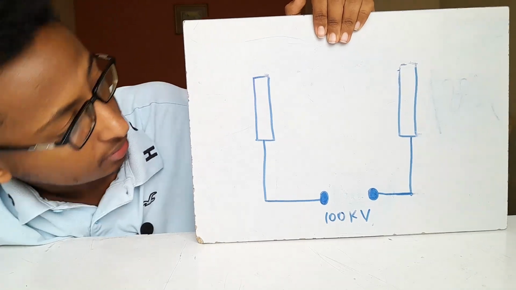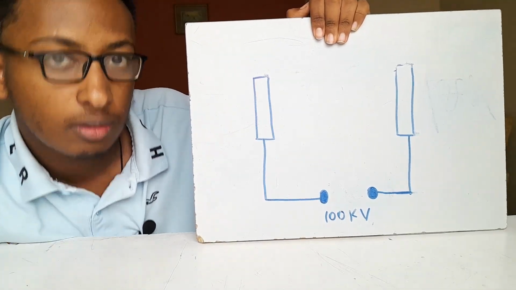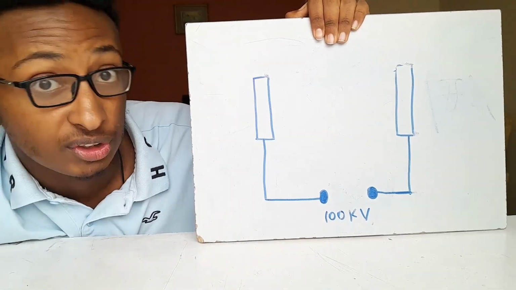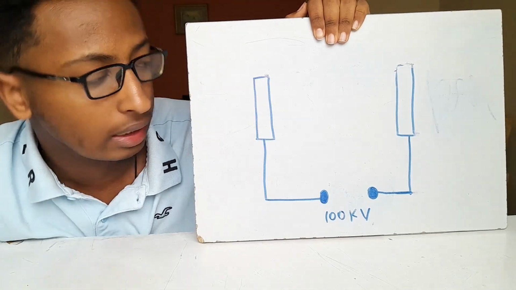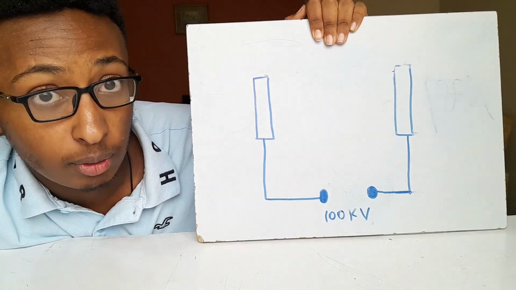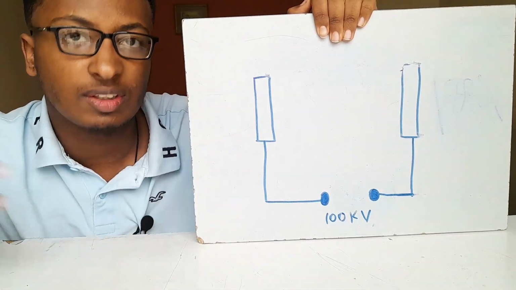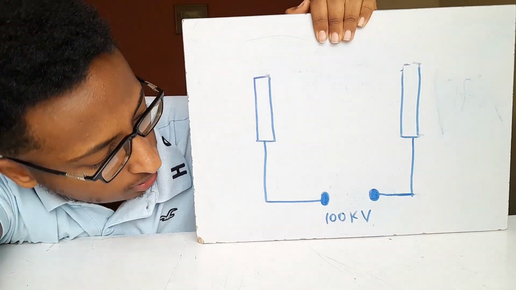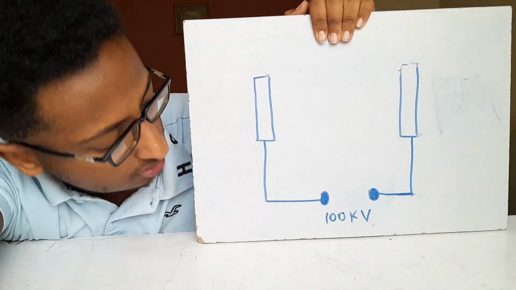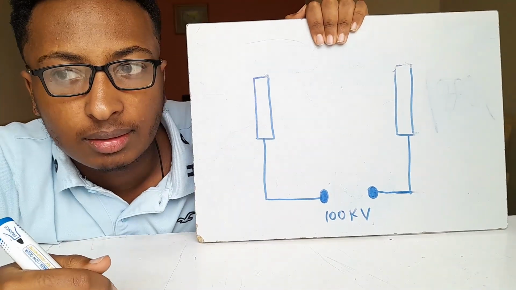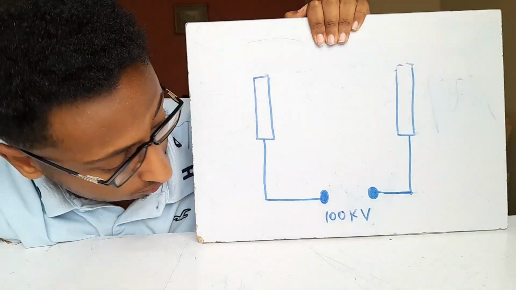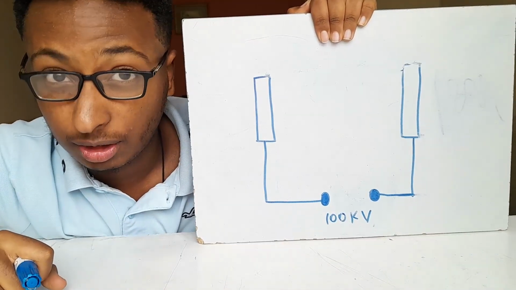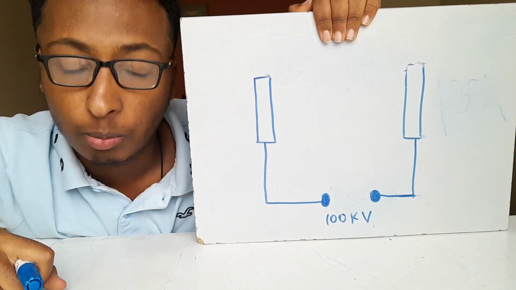Now, the third concept is frequency. We all know frequency is the time required for a vibration. Frequency is the measurement of vibrations. What do I mean by vibration? In my language, I call frequency how many times you apply this voltage in how many seconds.